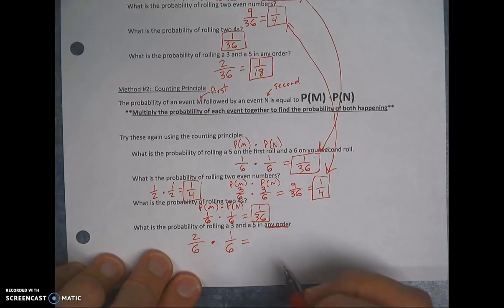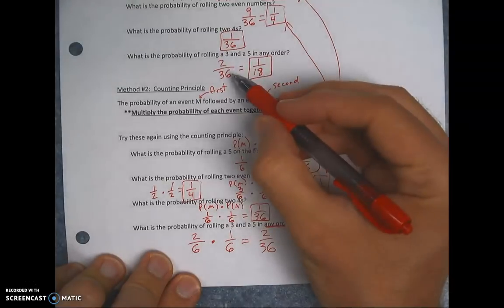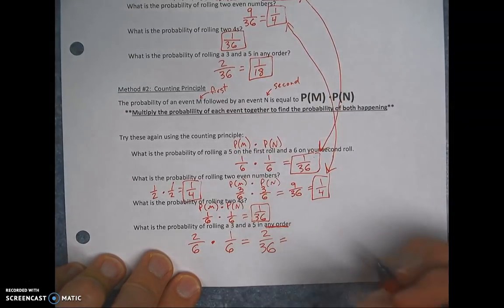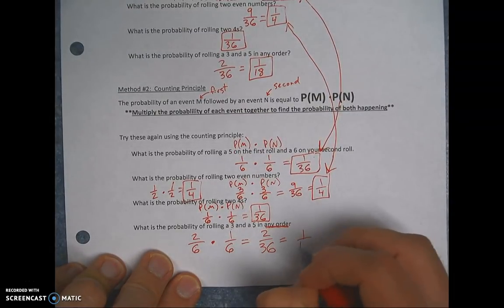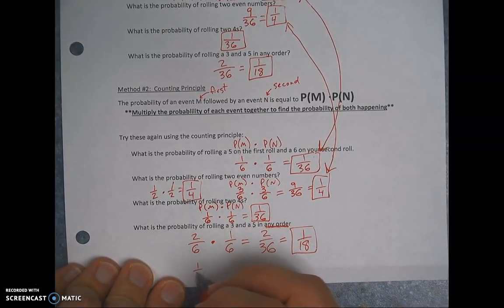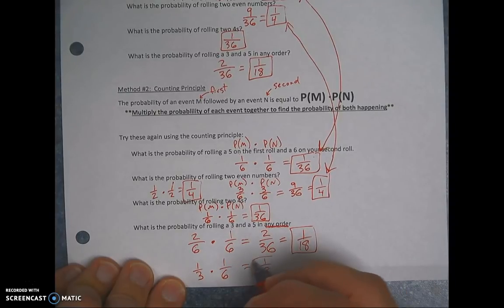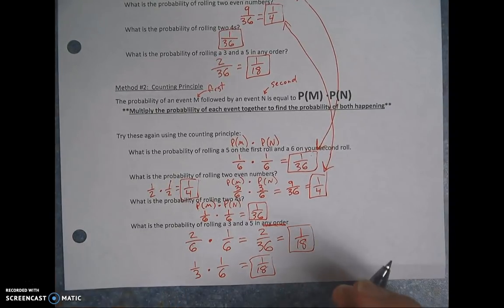So we're going to multiply straight across. We're going to get 2 out of 36, which is what we started with here. And that's going to simplify down to 1/18. And if you saw that 2/6 was the same as 1/3, you could have simplified that early and multiplied it times the 1/6, and you would have got to the same answer without needing to simplify.